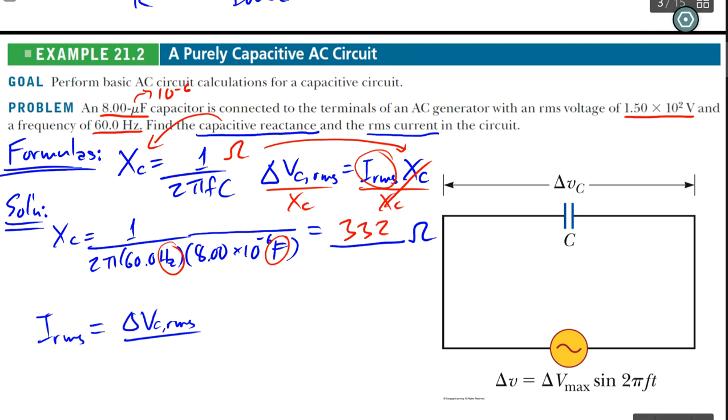We're given the RMS voltage, it's a little bit bigger than the one we had earlier, and divide by the 332 ohms, and that should give us units once again in terms of amperes.